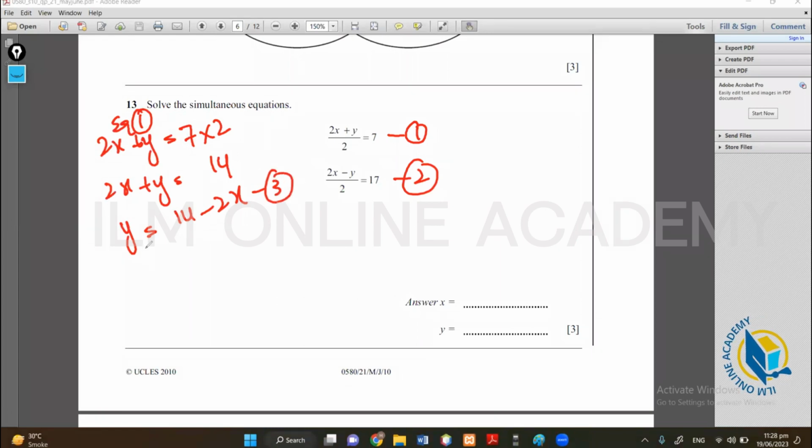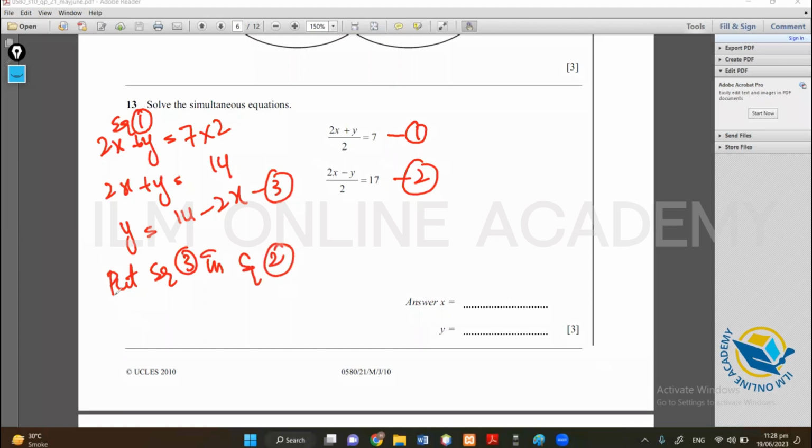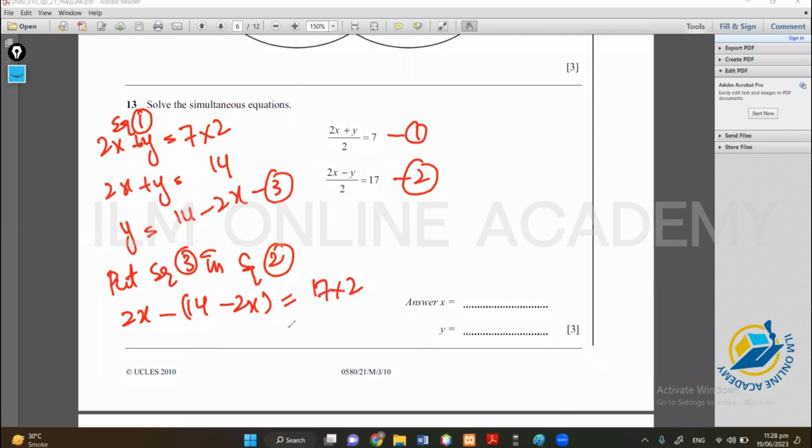What I can do here is put equation 3 in equation 2. So what would happen is 2x minus 14 minus 2x, and not the multiplication sign, not the division part, because these 2 would be multiplied here by 17 multiplied by 2.